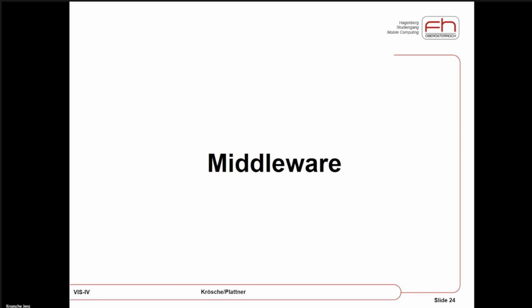And this is exactly where we will turn our focus to now, because the next step is taking a look at the so-called middleware, and later on using different communication middleware technologies to achieve this communication goal in an easier way.